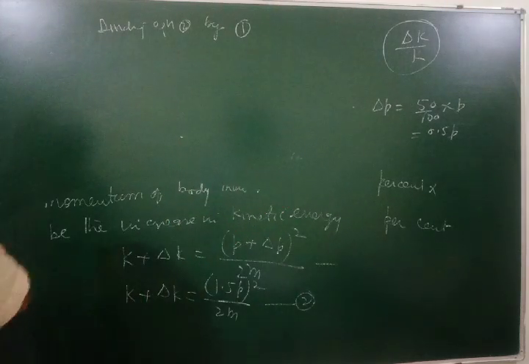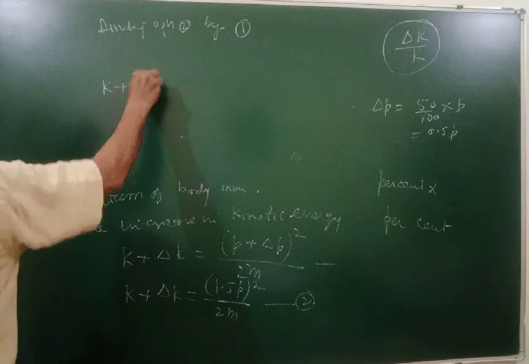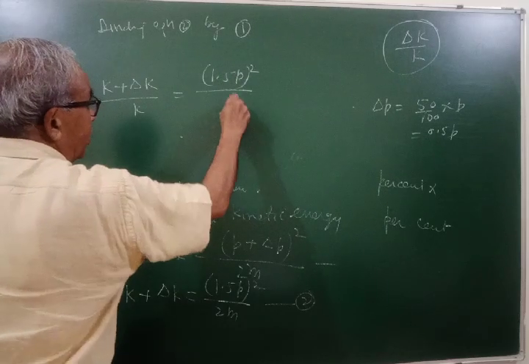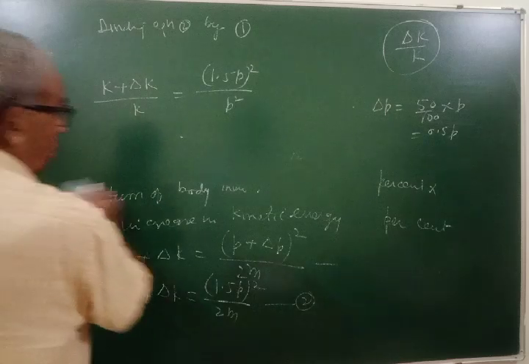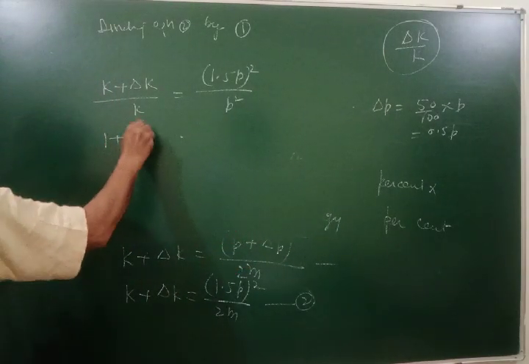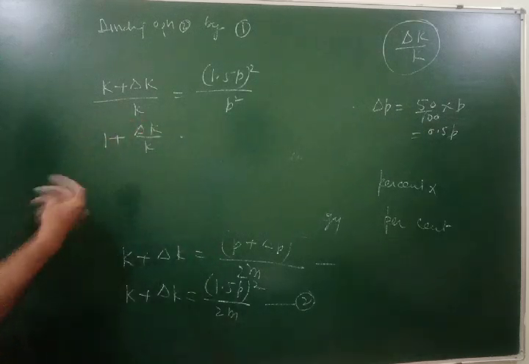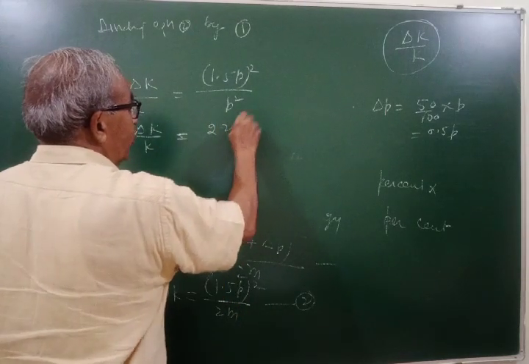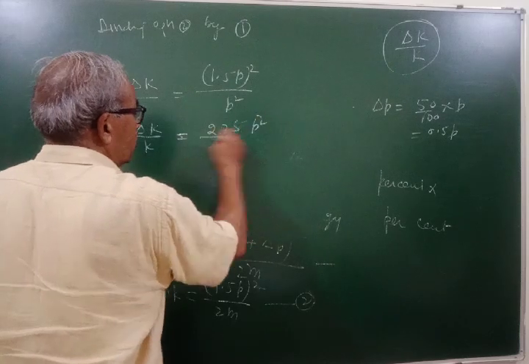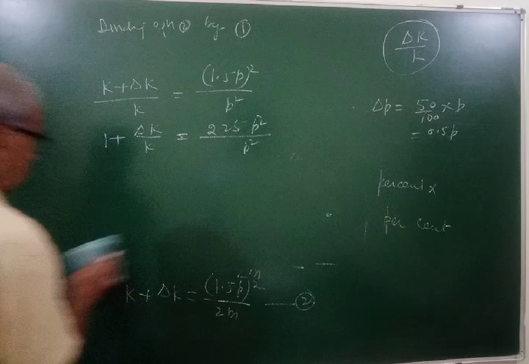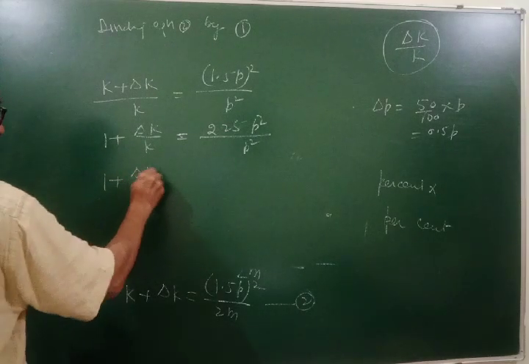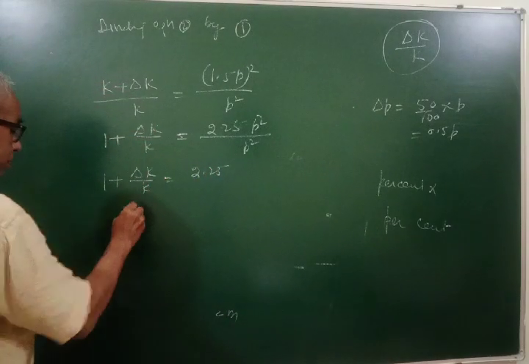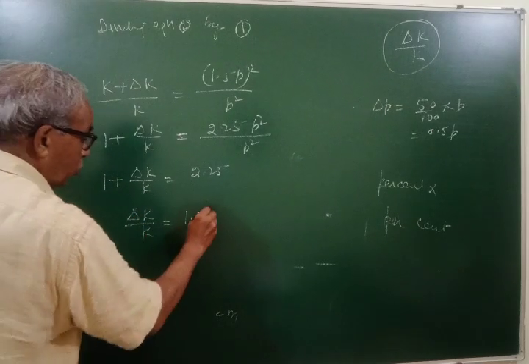We will get K plus delta K upon K equal to (1.5 P) whole square upon P square. m gets cancelled, and 1 plus delta K upon K, keep on solving. 1.5 square is 2.25, so 2.25 P square upon P square, P square cancels. So 1 plus delta K upon K is equal to 2.25, and delta K upon K is 1.25.